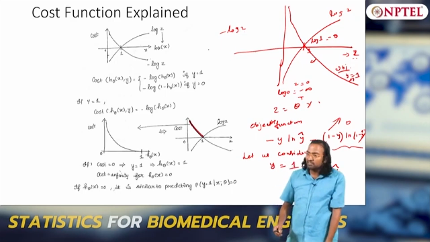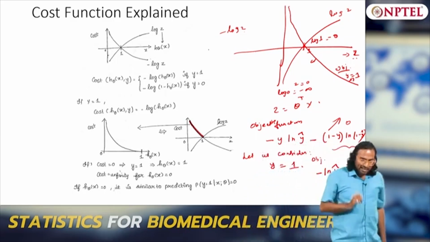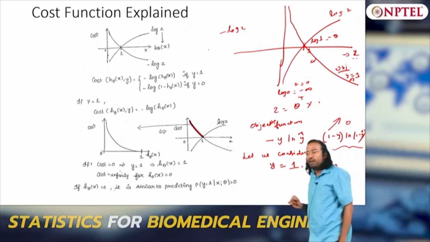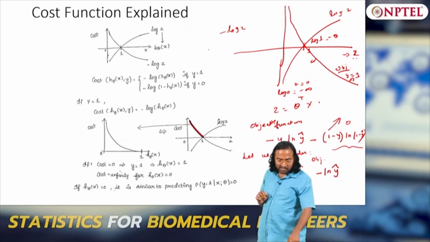Any questions graphically? Now your error should be 0 when y hat equals 1. Look at this: when y hat equals 1, what is minus log of y hat?